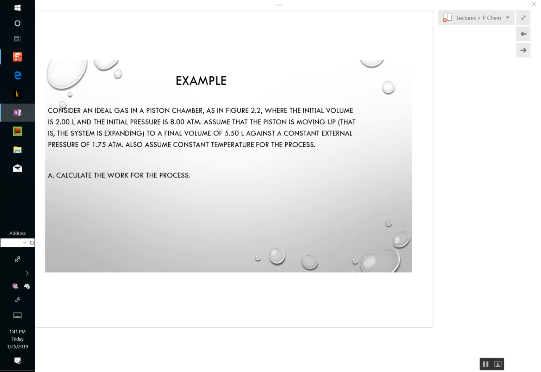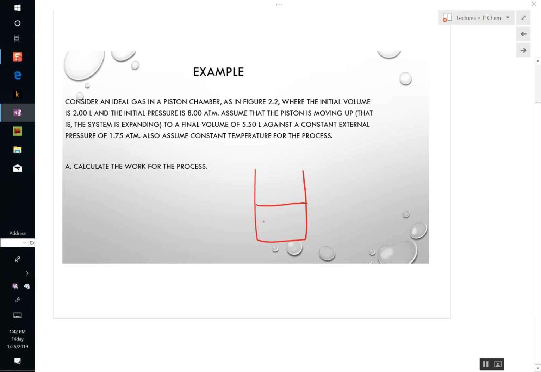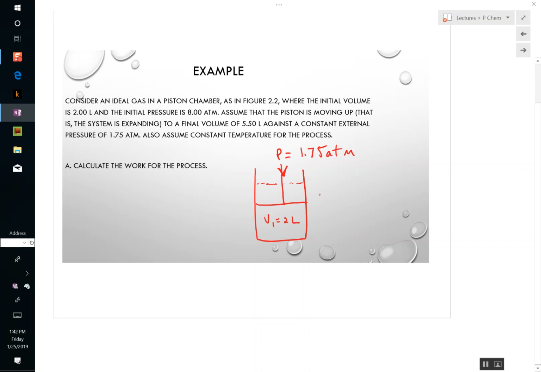Okay, so we have a piston. Our pressure here is 1.75 atmospheres, and the gas is expanding to finally 5.50 liters.